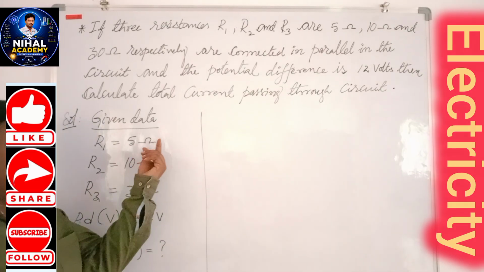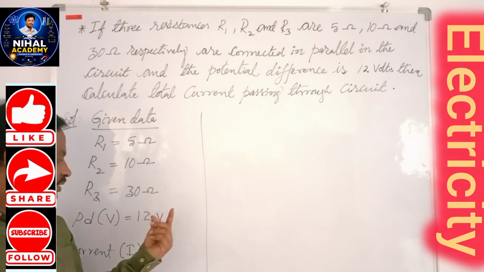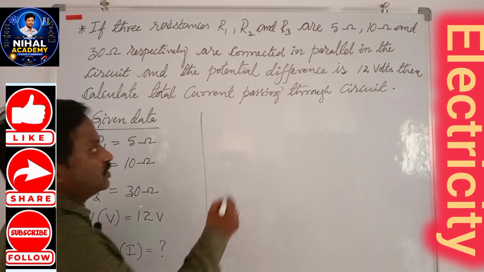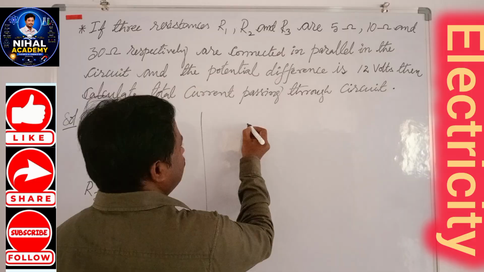So here R1, R2, R3 are given and the potential difference is given. We have to calculate the current I. So we'll see the circuit. So parallel connection.